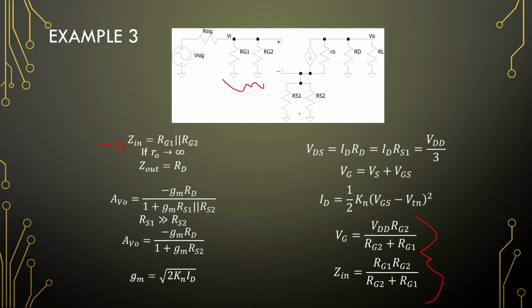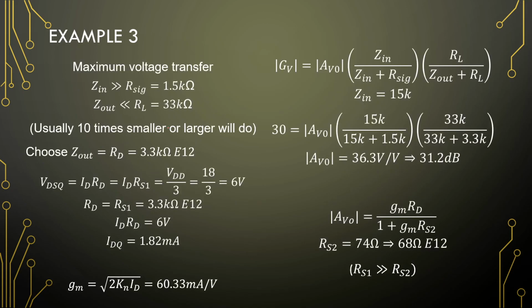Since we have a resistor that's not bypassed in the end, again we have a degeneration effect, and we don't have any information on what Vs should be, so the best choice is just to choose all three the same value, so VDD over 3 volts. And those are the design principles for this amplifier.